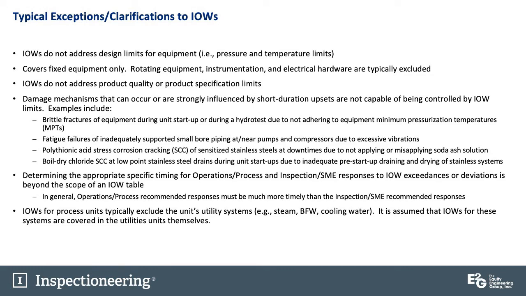We talked about a typical target range of 5.5 to 6.5, but a pH of 5.4, a little on the low side, is not that big a deal. You really don't need to jump through a bunch of hoops for a response on that. But certainly, if you get down to a pH of 4.5 or even worse, 3.5, you're going to want a rapid response on that. And most IOWs are like that.